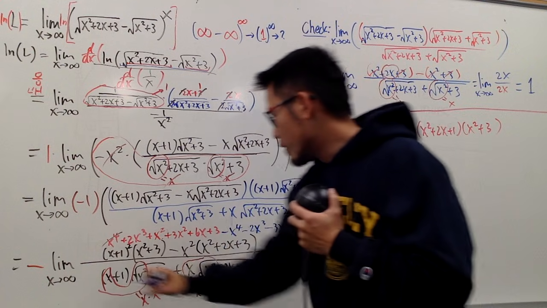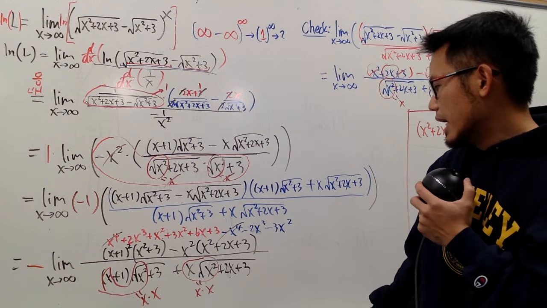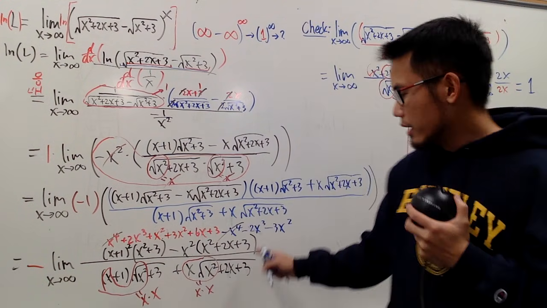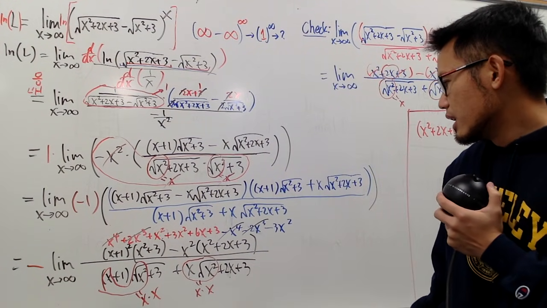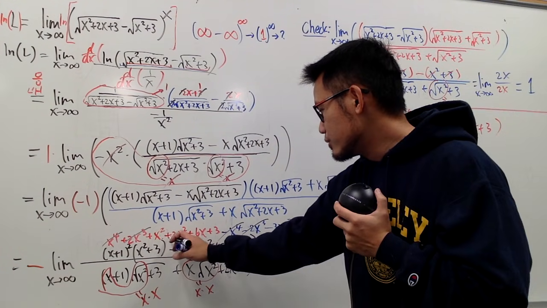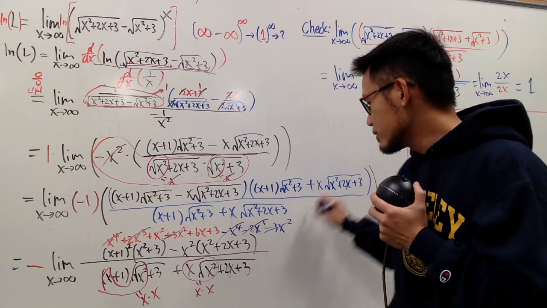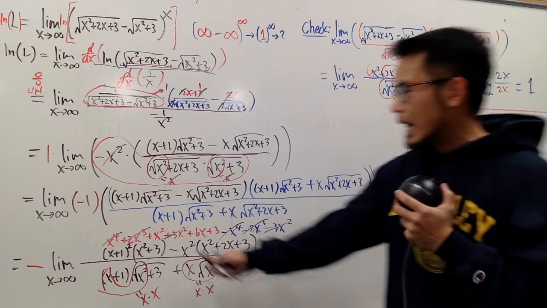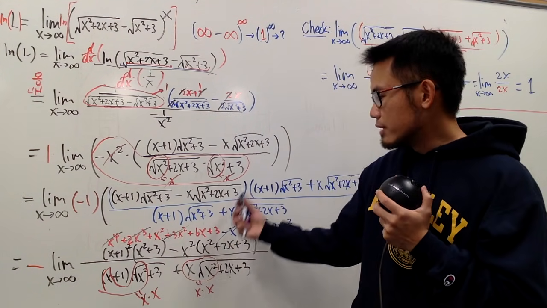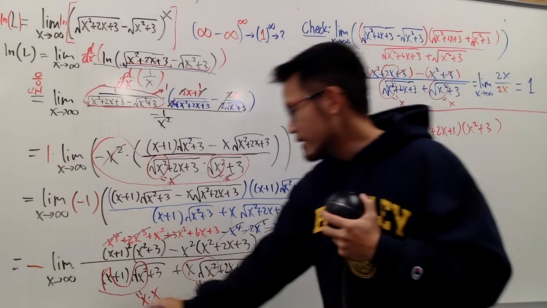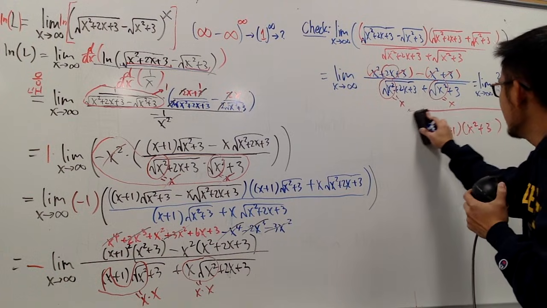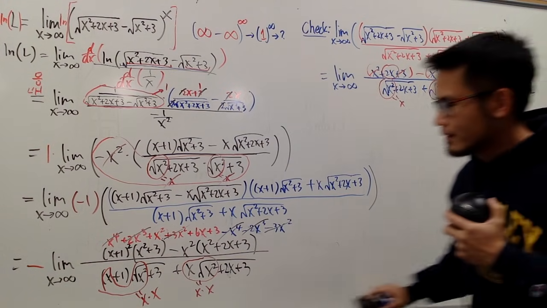The x to the fourth power terms cancel each other out, and the 2x to the third power terms have a negative version, so they cancel out. So far, so good. And look, this is 3x squared, cancel this out, cancel that out. Whew! I have x squared plus 6x plus 3 on the top, and I think that's pretty much the deal, right? I didn't even need a lot of space right here.